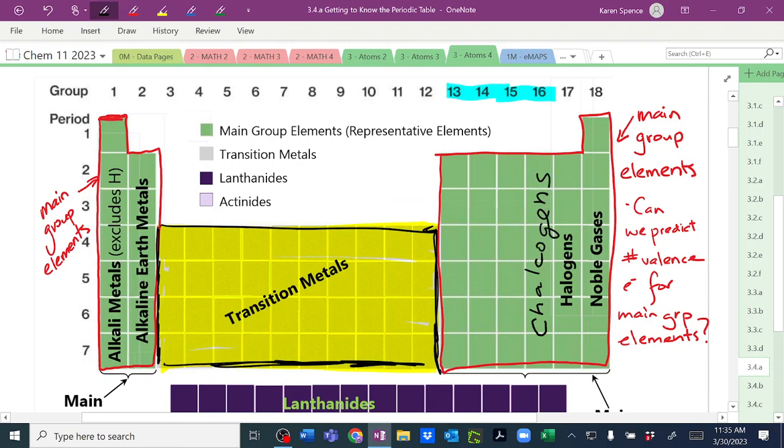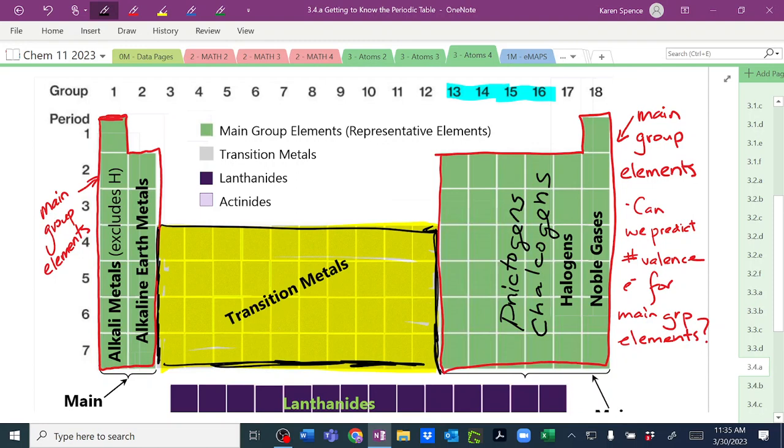And group 15 is called the pnictogens, PN. And the only reason I really like that is because it's got a silent P. How many words have a silent P? That's pretty awesome. But I didn't even know those until I graduated from university and was teaching a course for the first time, and it came up in an AP Chem textbook. And I was like, what? What are those things? So you do not need to know those ones.